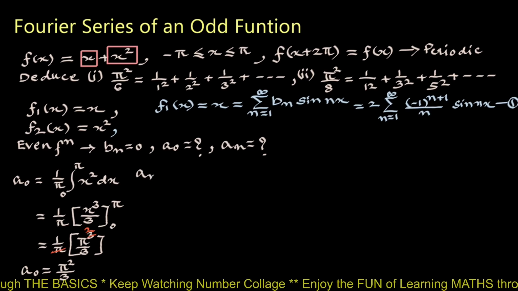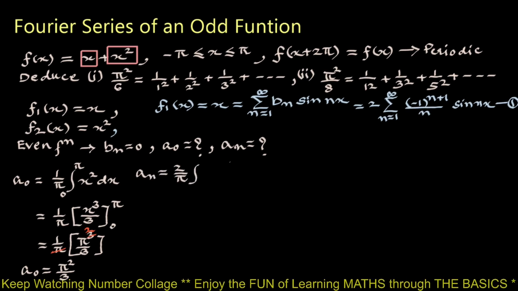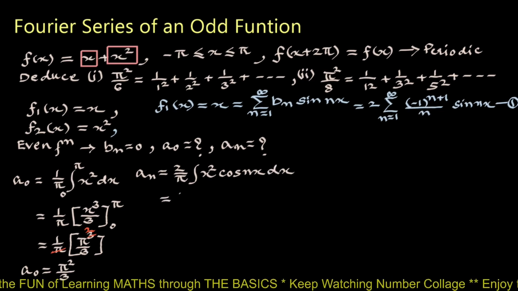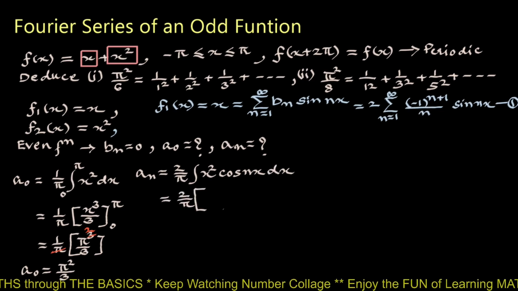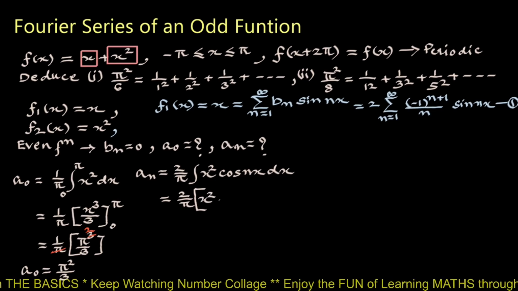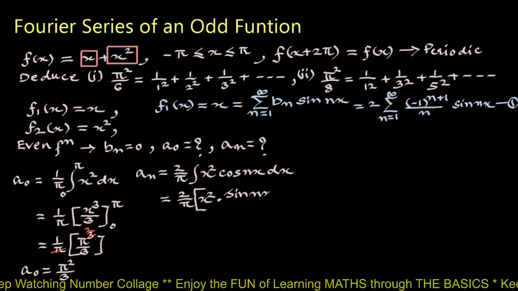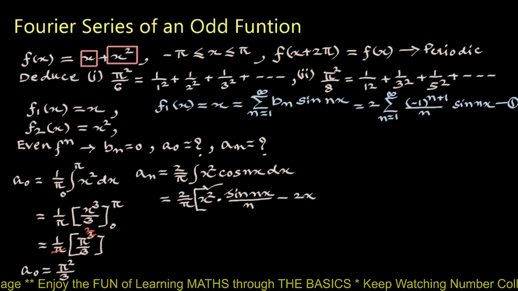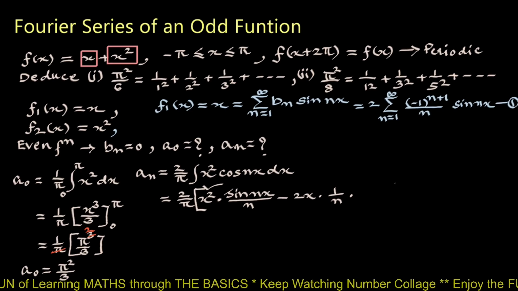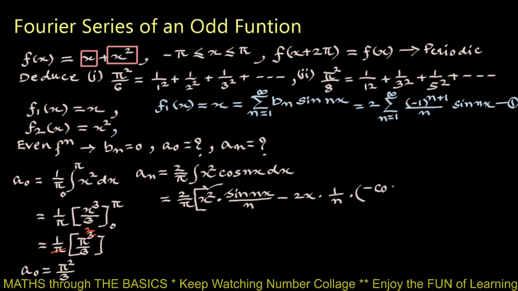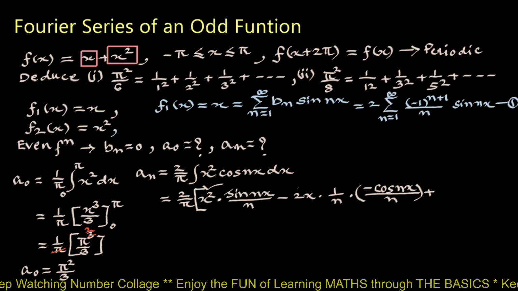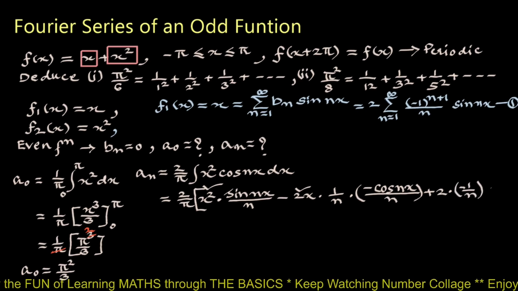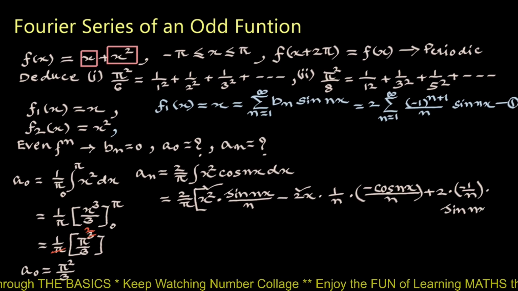Next we find an, which is 2 upon pi integral f2x, that is x square cos nx dx, from 0 to pi, equals 2 by pi into, by continuous integration by parts, first function x square into integral of cos nx, sin nx upon n, negative sign, derivative of x square 2x into 1 upon n into integral of sin nx, minus cos nx upon n, positive sign, derivative of 2x, 2 into minus 1 upon n into integral of cos nx, sin nx upon n.